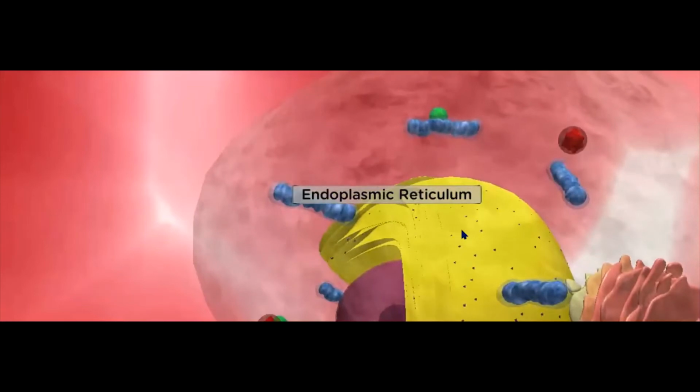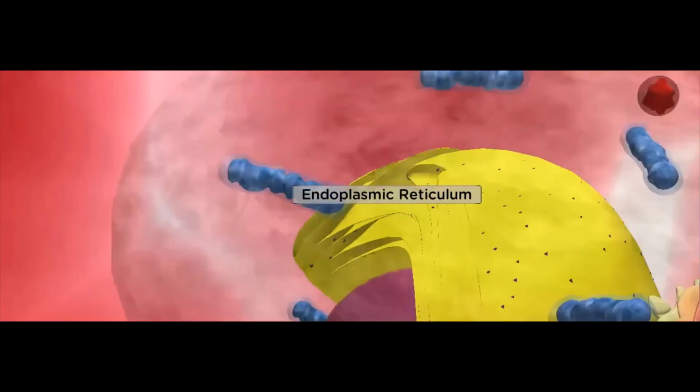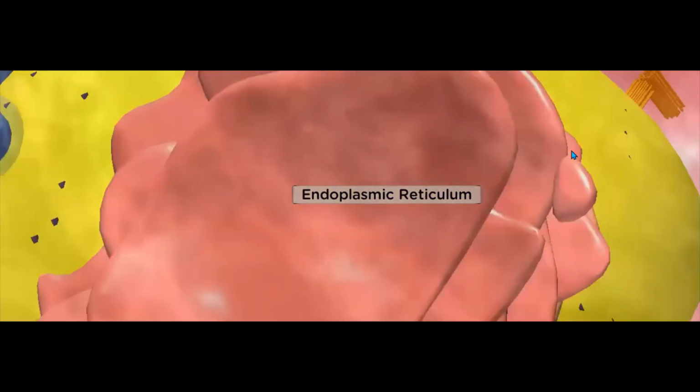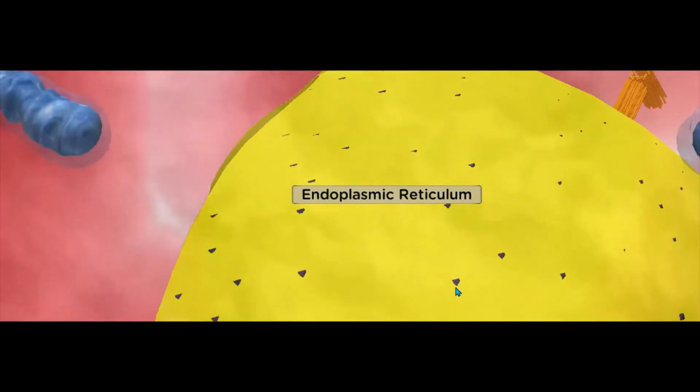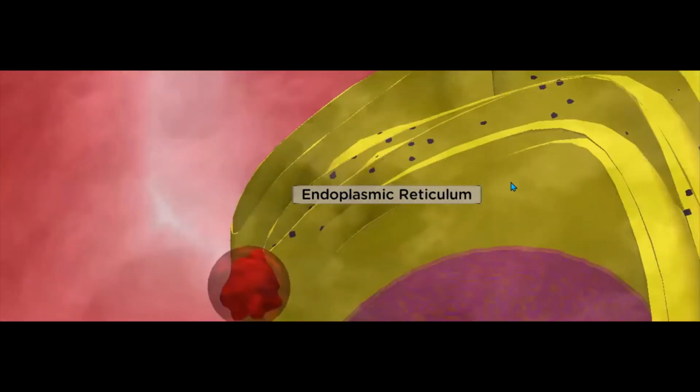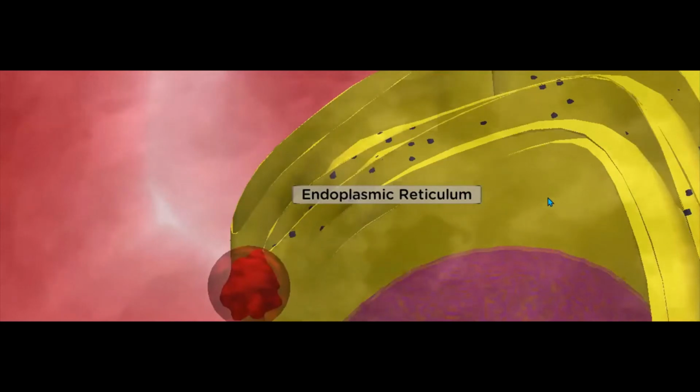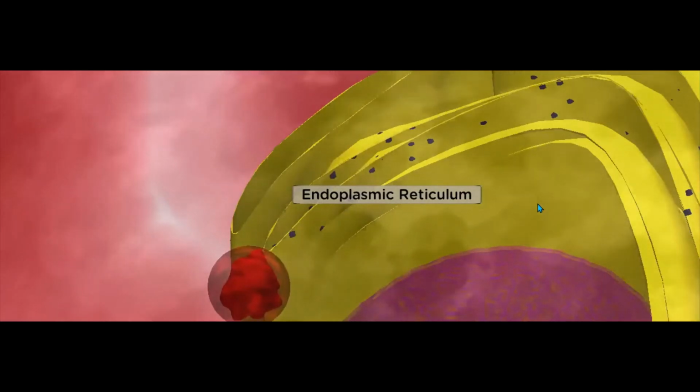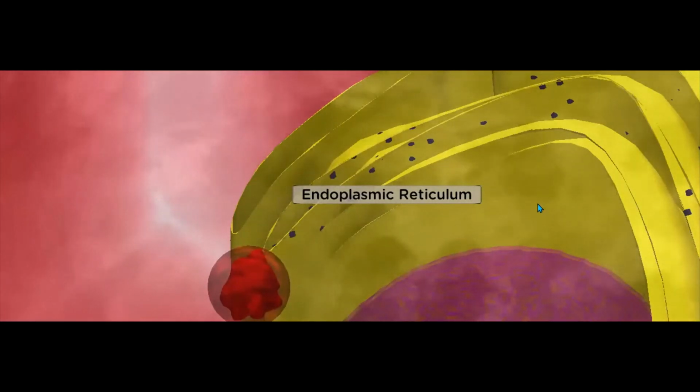For example, you can see here, it is containing small ribosomes, those black spots are ribosomes. So this is a rough endoplasmic reticulum, while this one is not containing any ribosome. Thus, it's a smooth endoplasmic reticulum.